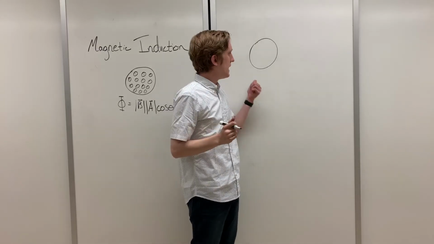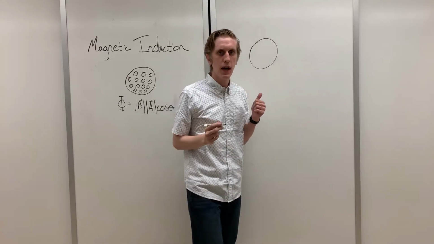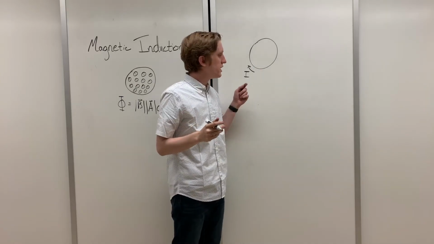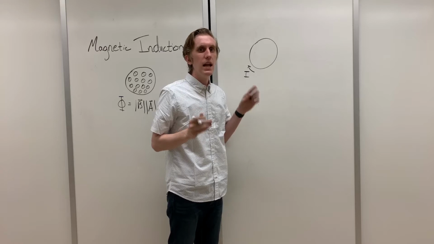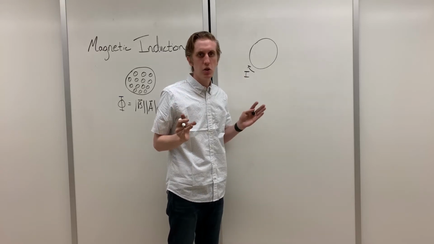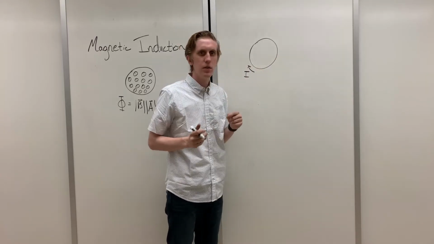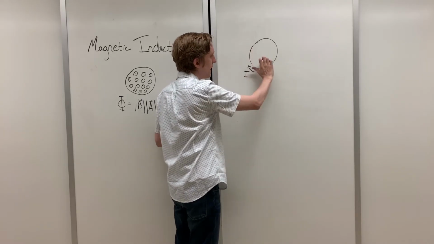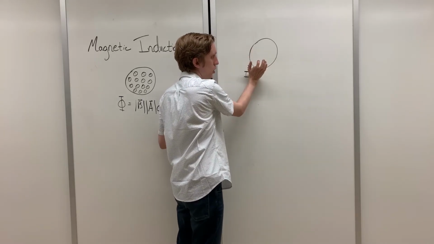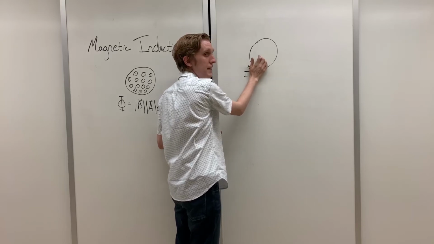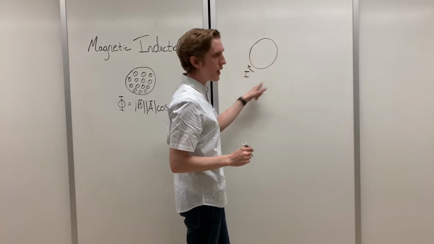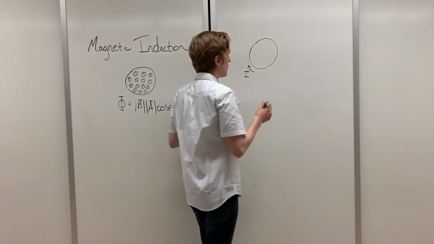Well, what would happen if the current was traveling clockwise through this wire? What would the direction of the magnetic field that is created by this current be inside the wire? Well, if we use the right-hand rule, we see that the magnetic field will curl through the wire in this direction. In other words, the magnetic field being created by this current would look like this.